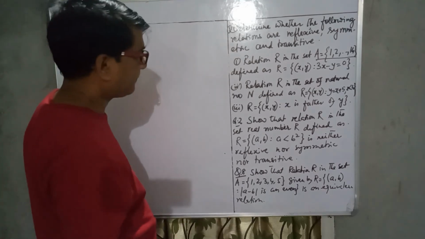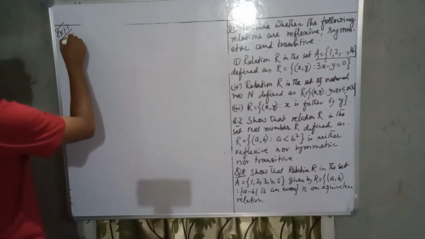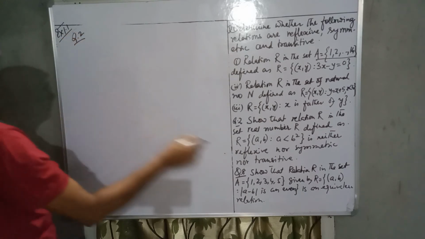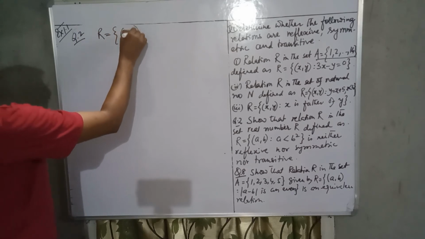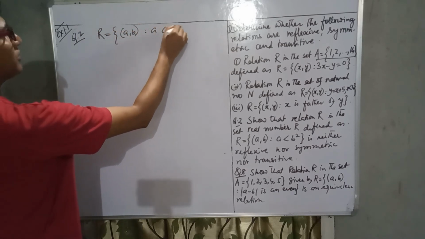Next one, question number 2. What is the relation? R is the set of a comma b such that a is less than b square.